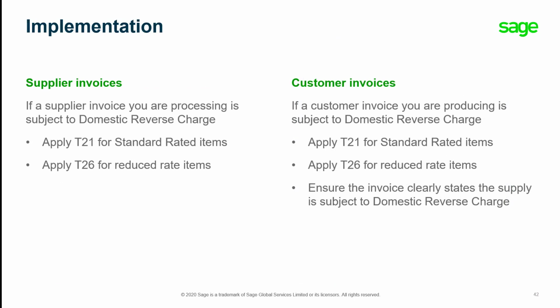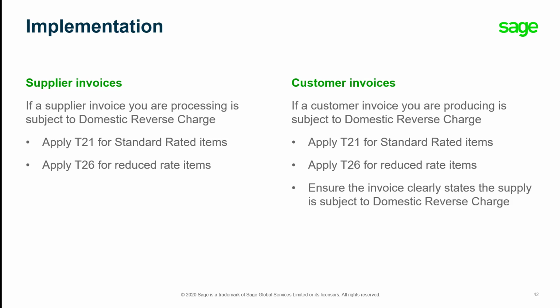So let's now summarize the process within Sage 50 Cloud accounts. In terms of implementation, the key is understanding whether or not domestic reverse charge applies to that transaction. Use the HMRC flowcharts to help you understand whether or not domestic reverse charge will apply.